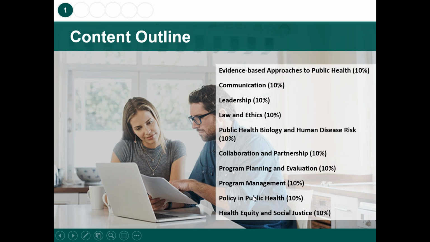And as you can see, everything is equally weighted on the exam. You have evidence-based approaches to public health, communication, leadership, law and ethics, public health biology and human disease risk, collaboration and partnership, program planning and evaluation, program management, and policy in public health, as well as health equity and social justice.